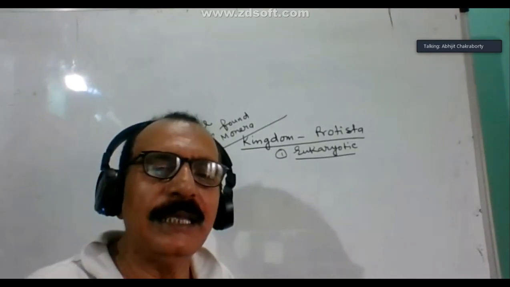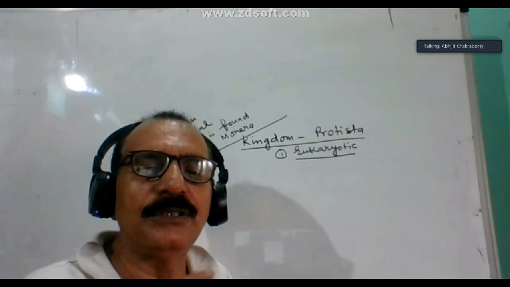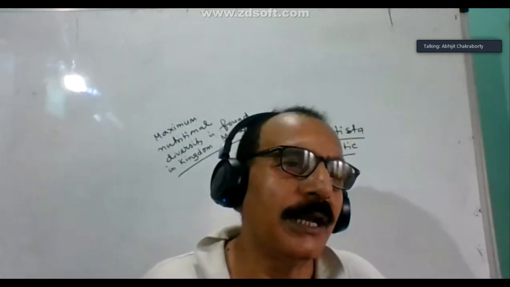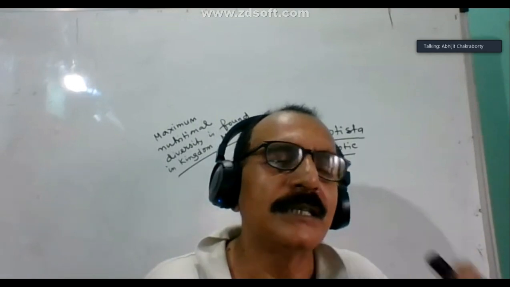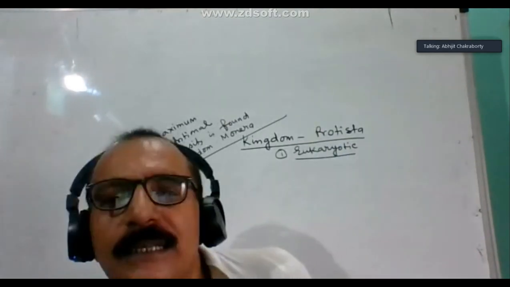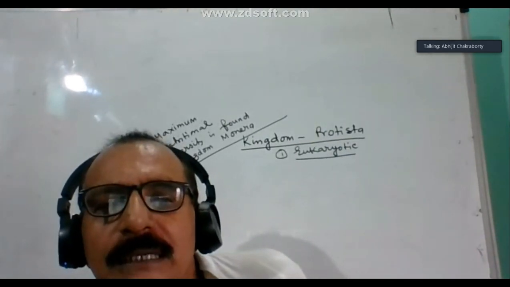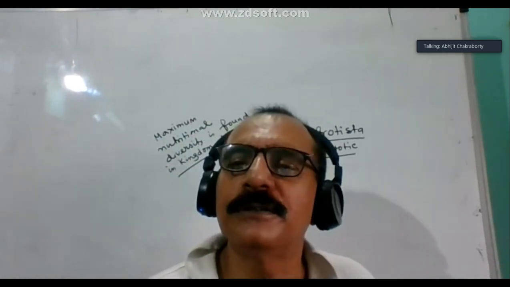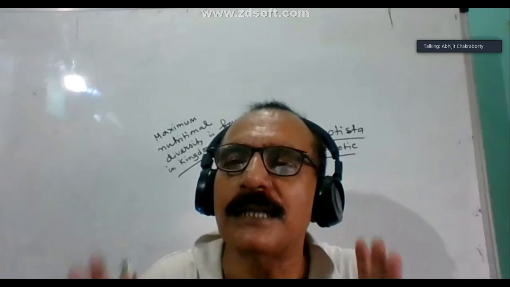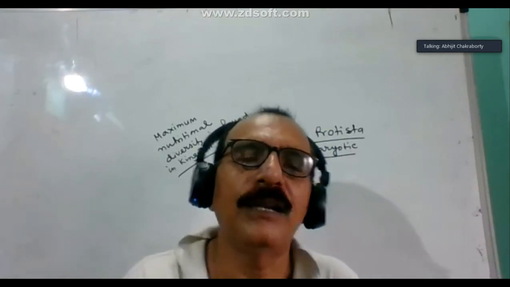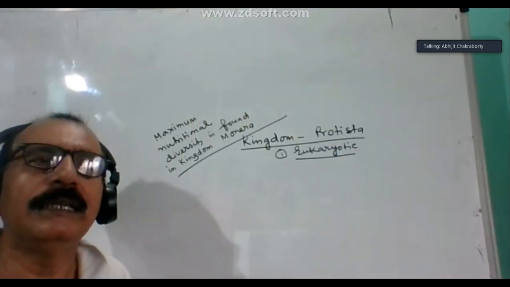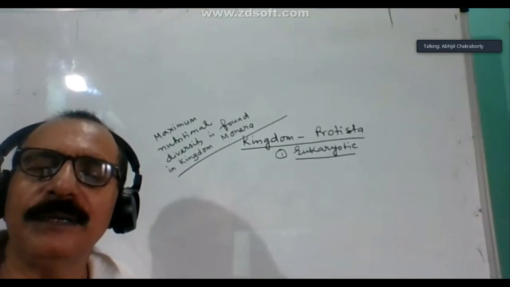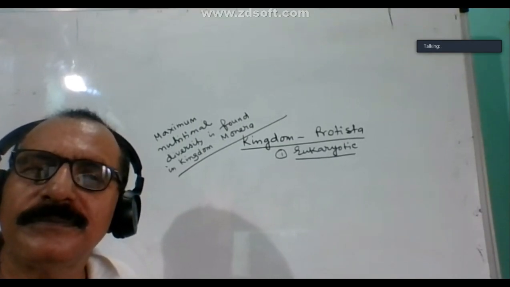Remember this thing, that kingdom Monera doesn't include viruses and the prions. Basically, acellular organisms are not at all included in any kingdom, in any domain. Are you getting me now? Yes, sir.